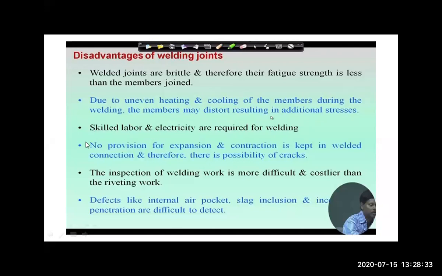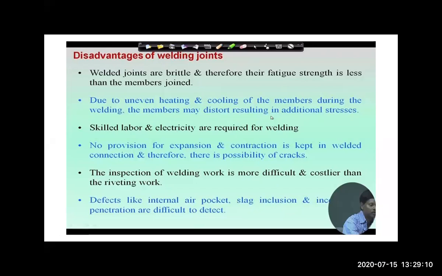One more disadvantage is no provision for expansion and contraction, and due to this there may be a possibility of cracks. Then inspection of welding work is more difficult and costlier than riveting work, and defects like internal air pockets and slag inclusion are there. So these are some five to six disadvantages of welded connections.